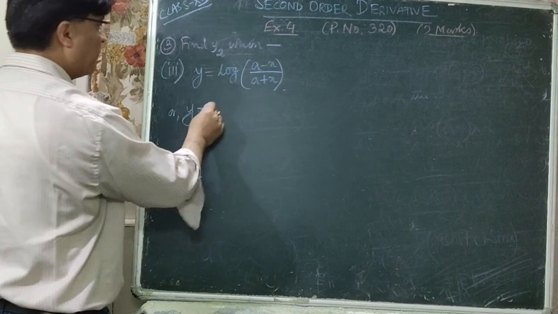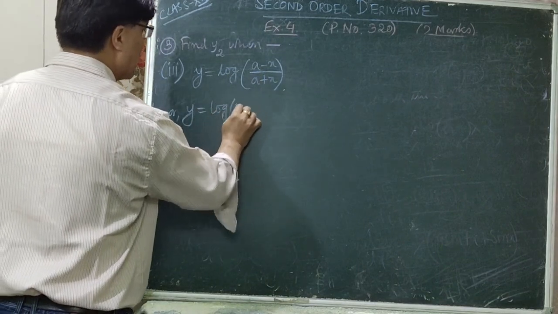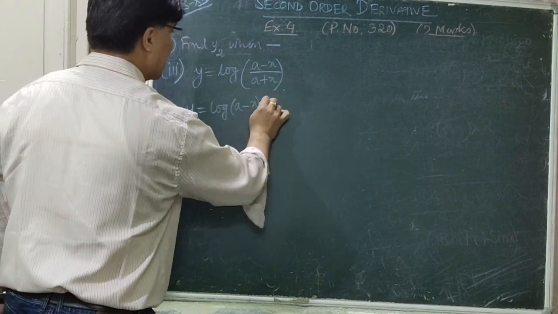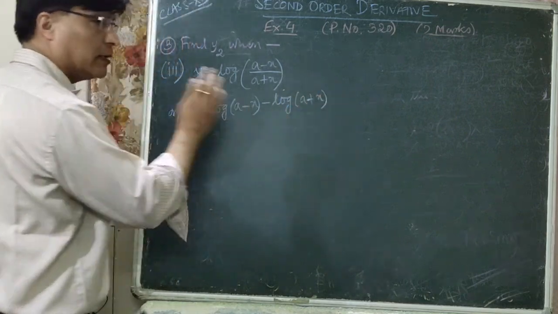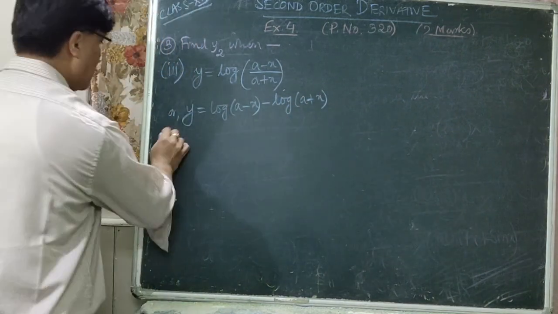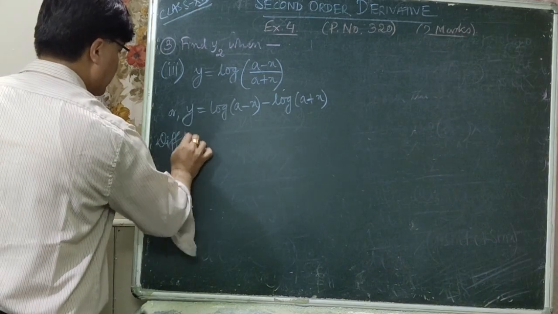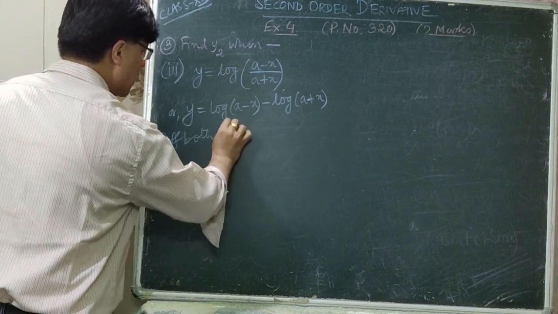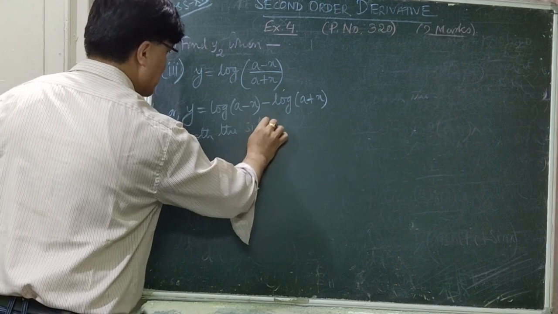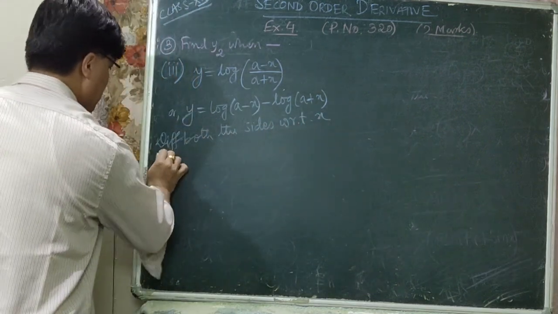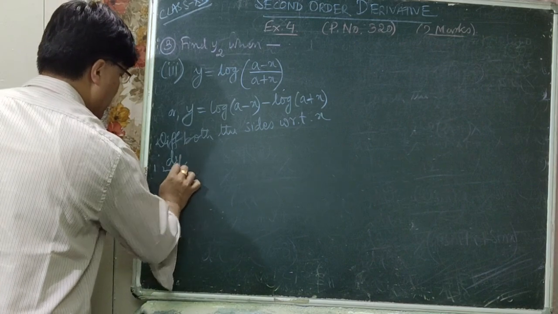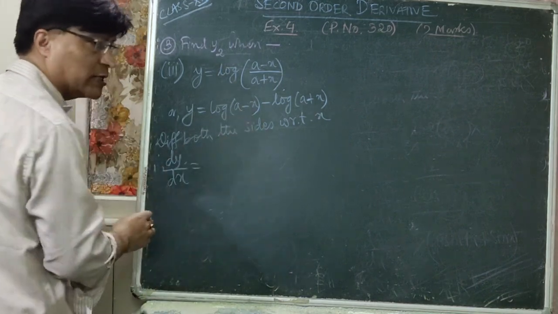This is log of a by b form, this is log of a minus x, minus log of a plus x. Now we can differentiate, right? So differentiating both the sides with respect to x. So this is your dy by dx is equal, this is your log x form.